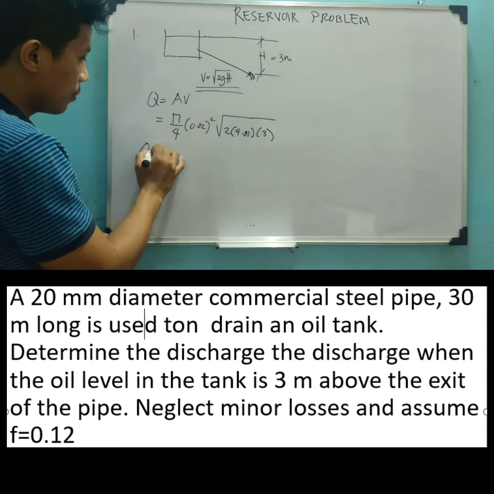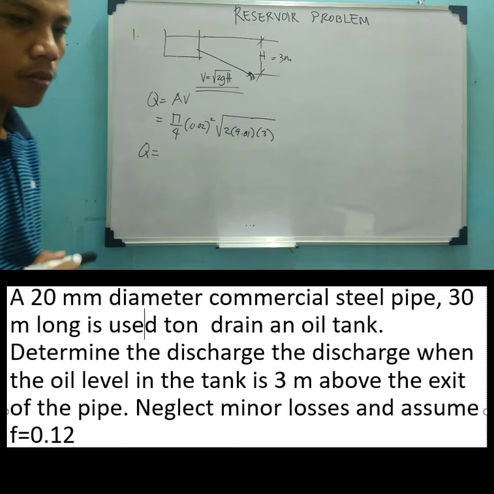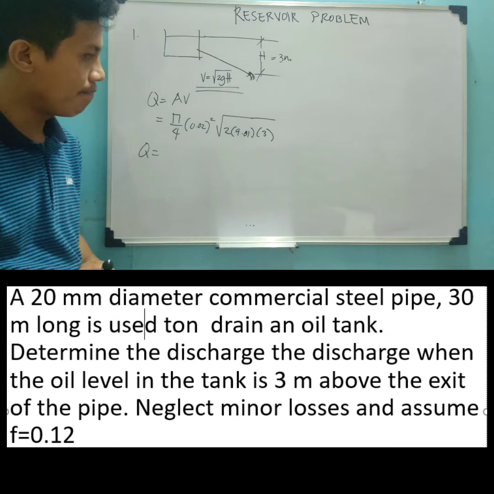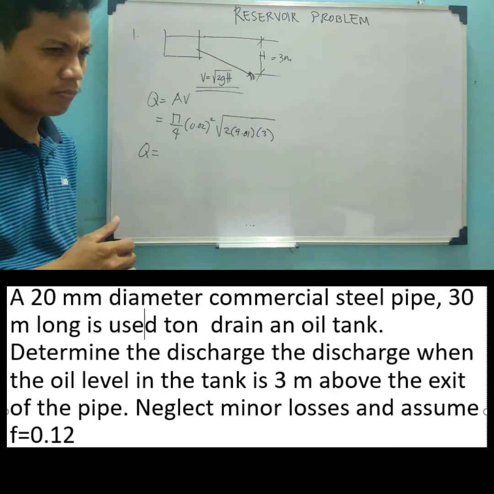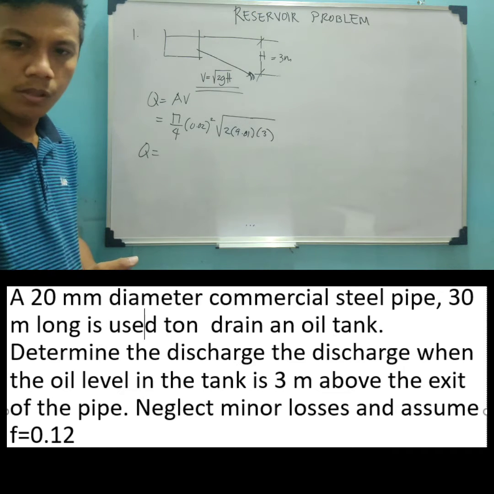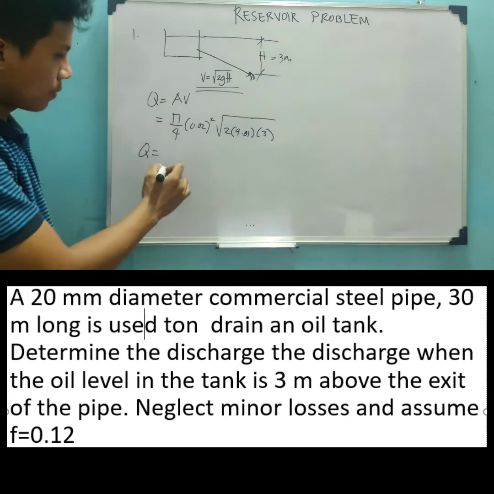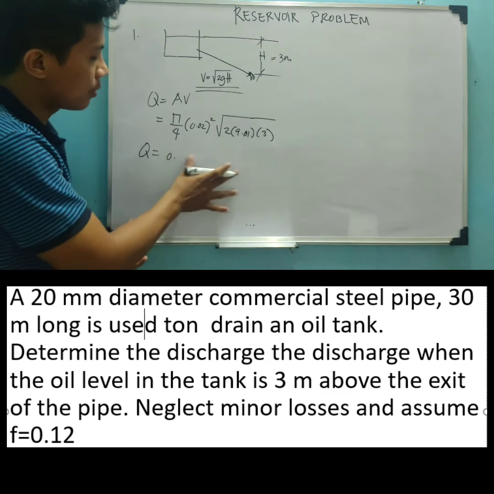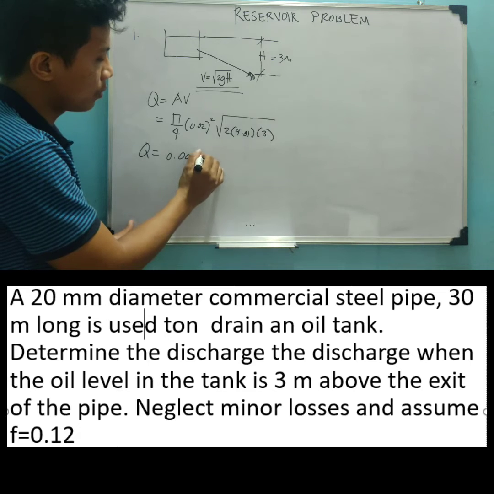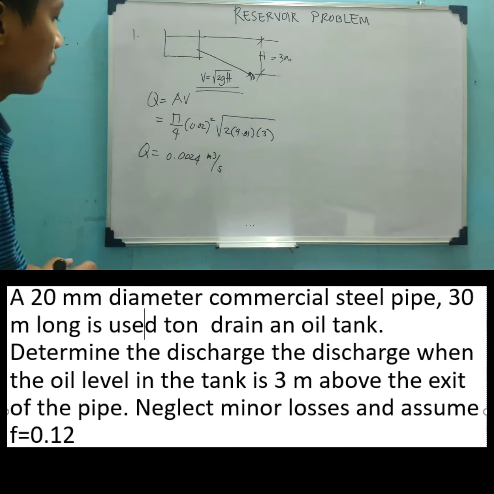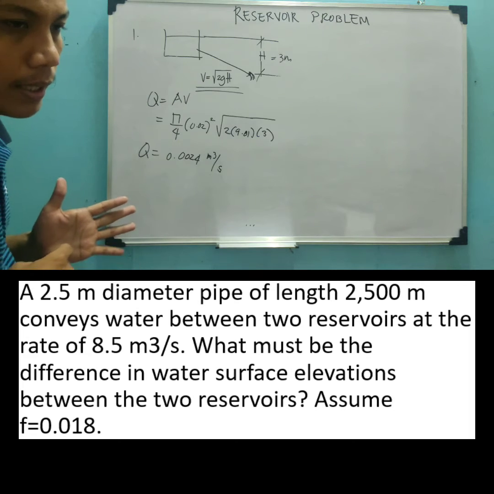So, the value of Q will be 0.002124 cubic meter per second. That is the discharge. Only the discharge is asked, even though f was given.